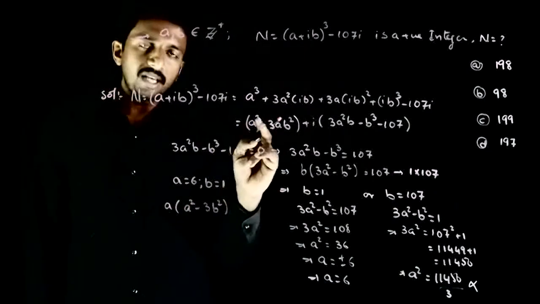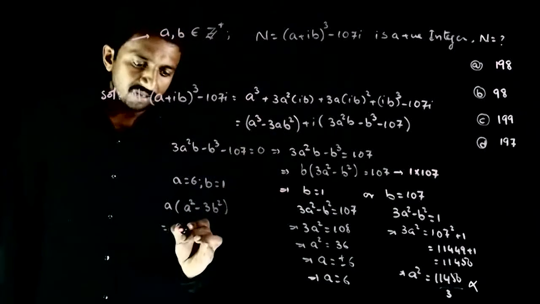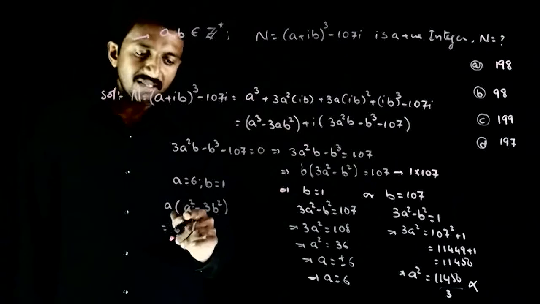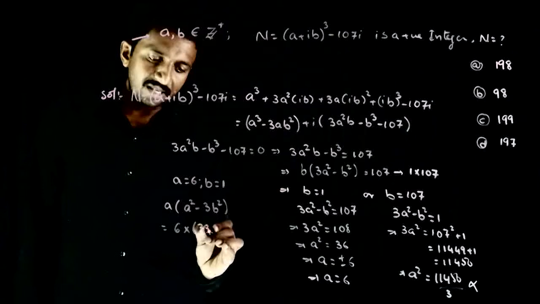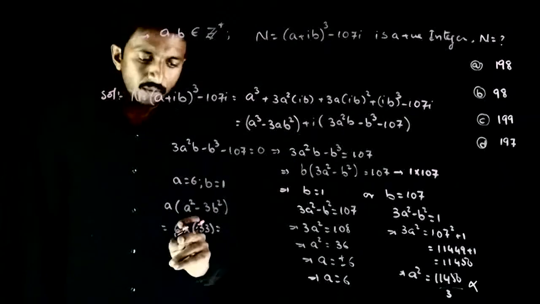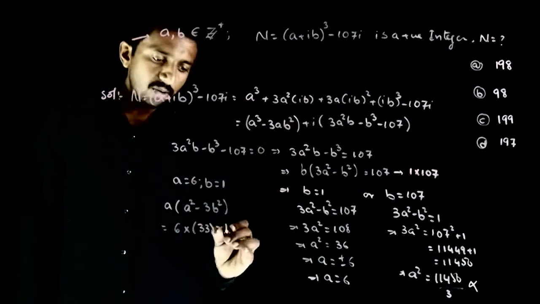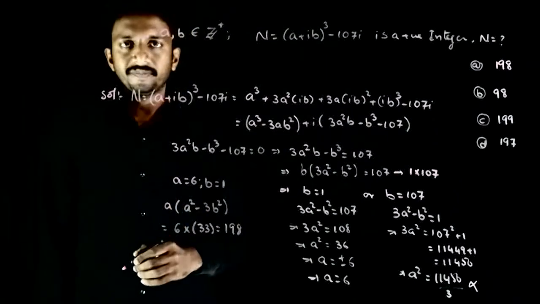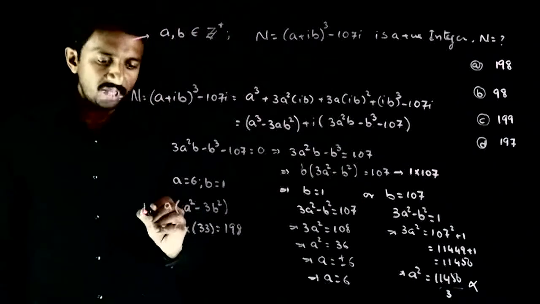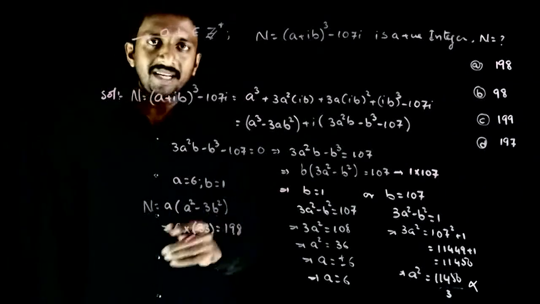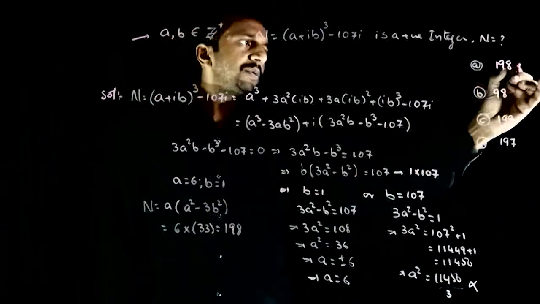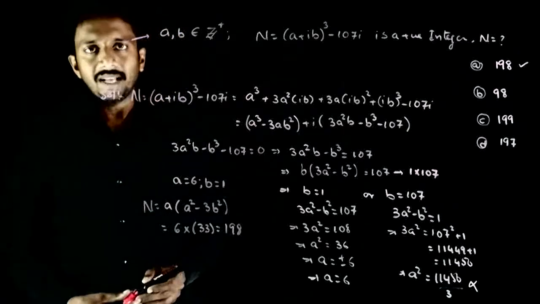Taking a common, that is equal to 6 into (36 minus 3). 36 minus 3 is 33, so that is equal to 180 plus 18, which is 198. So my n has to be equal to 198. So option A is the right answer.